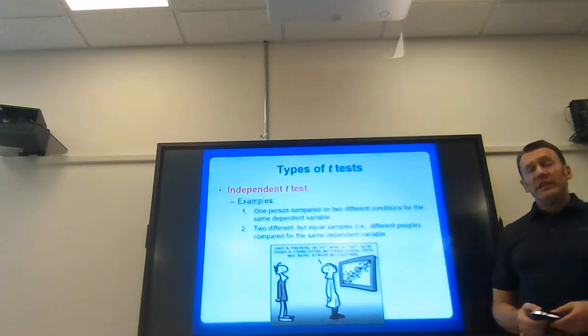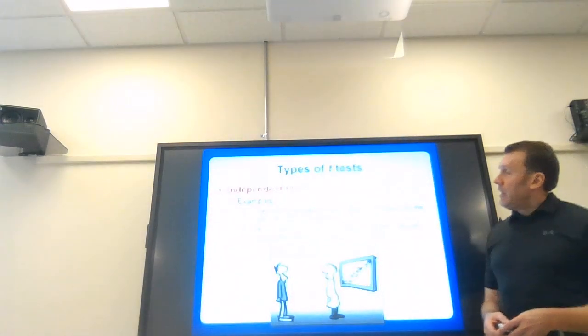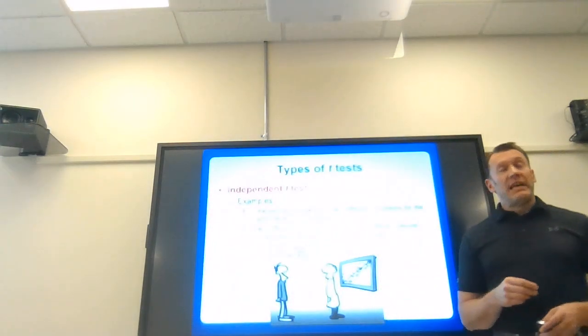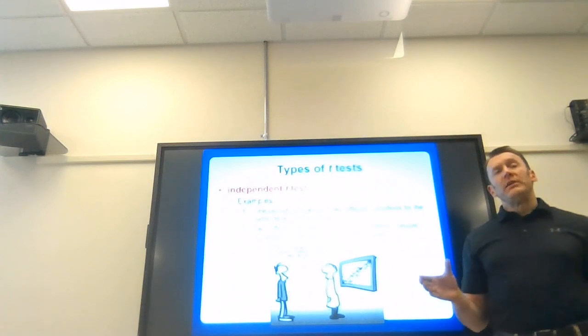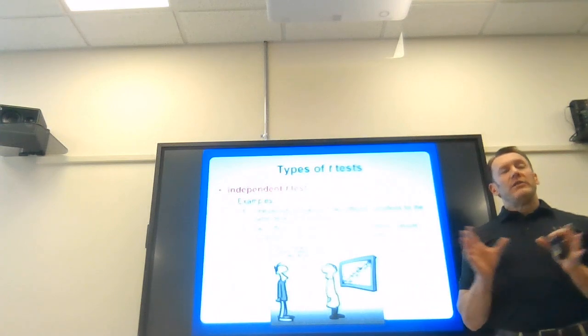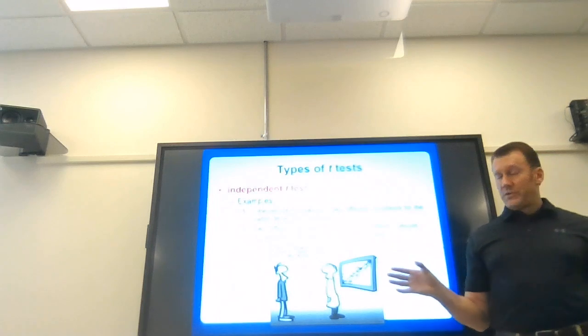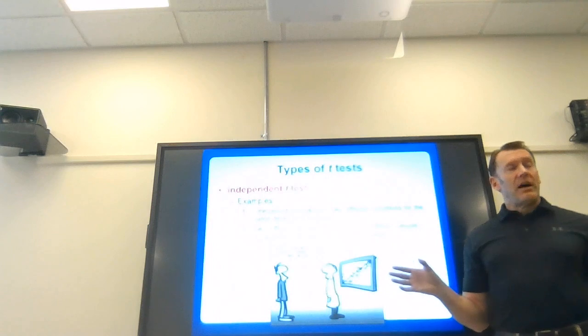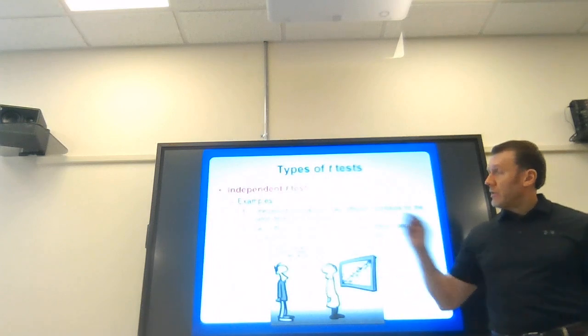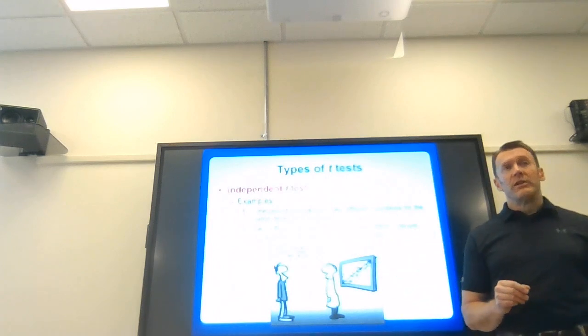The other example of an independent t-test would be two different but equal samples. This would be where you have a large group of people and you divide them into equal groups, and the assumption is that at baseline they're equal on whatever characteristic you're measuring.